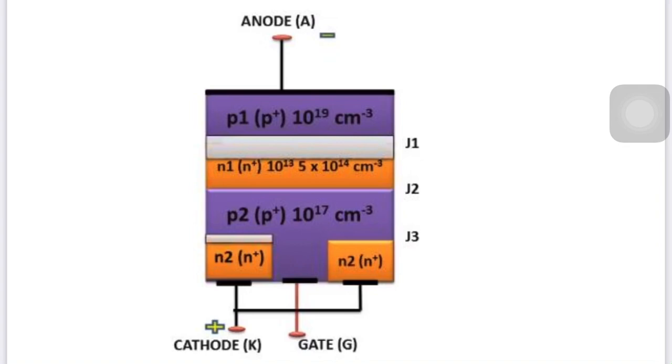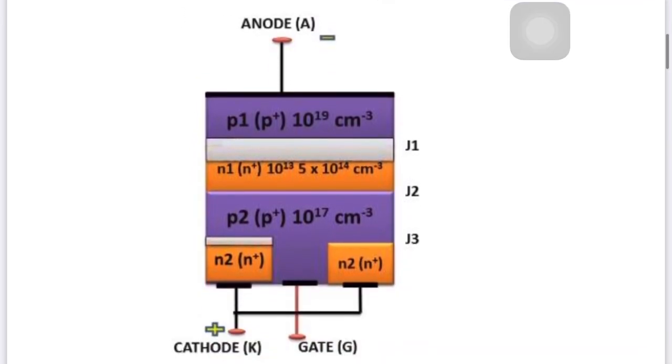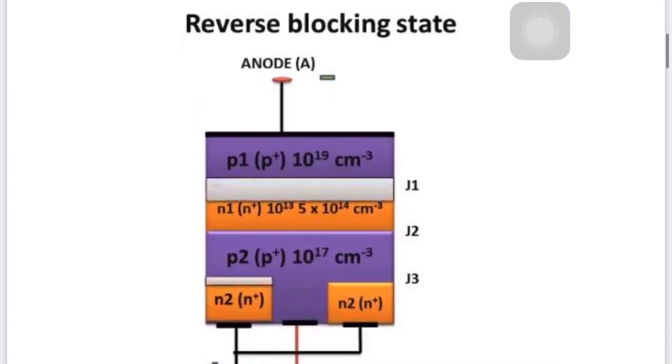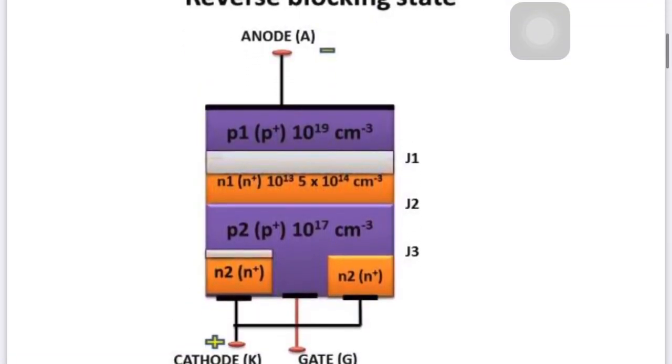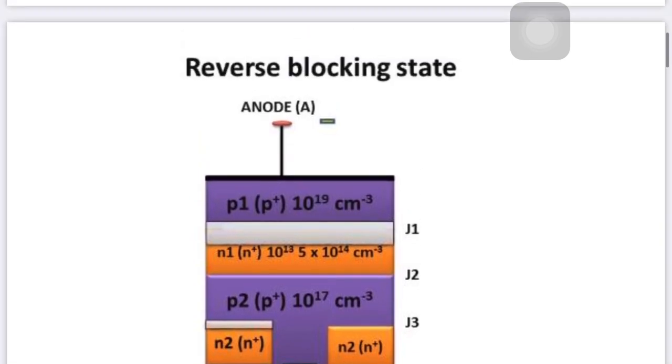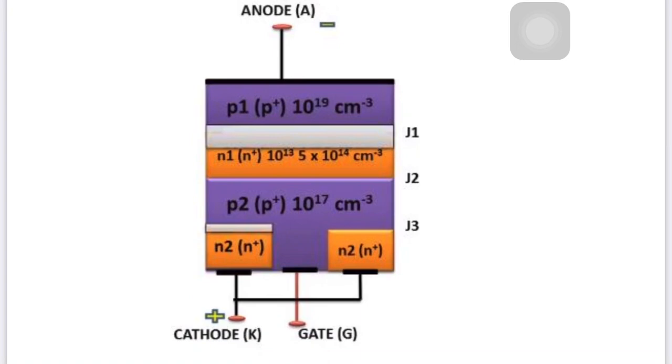After that, P2 and N1 in the middle portion, J2, which is simply PN, is forward biased. Third, starting from N1 and P1, that is also NP, which makes it reverse biased. So, in reverse blocking state, J1 and J3 are in reverse bias condition and J2 is in forward bias. Actually, a thyristor never operates in reverse conduction mode; if it does, then it burns out. As I told you, if we further increase the voltage, then J1 and J3 will break down.